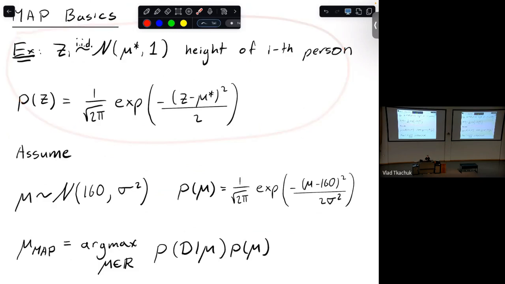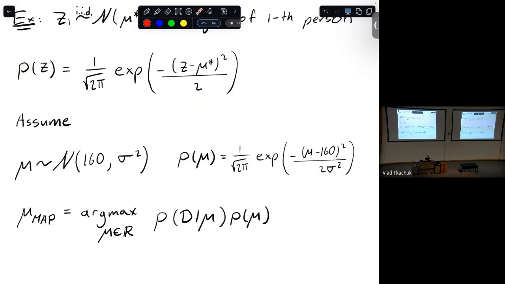The new thing for this MAP stuff is that we introduced this prior knowledge. And this is just our assumption. We have this prior knowledge that, well, I think this mu star parameter is going to be distributed normally for some reason with expected value, let's say 160 for people's height, and with some variance.